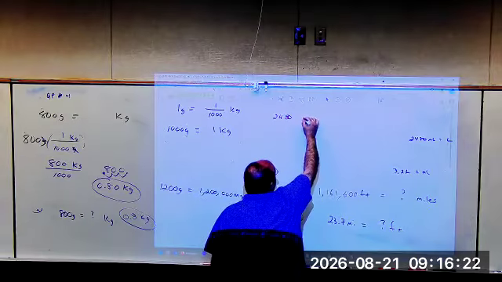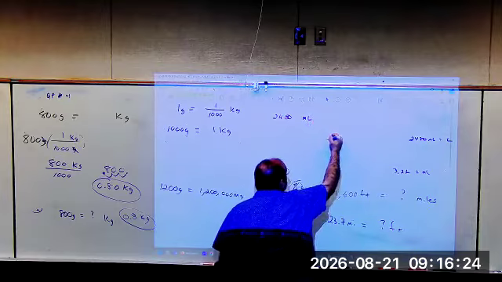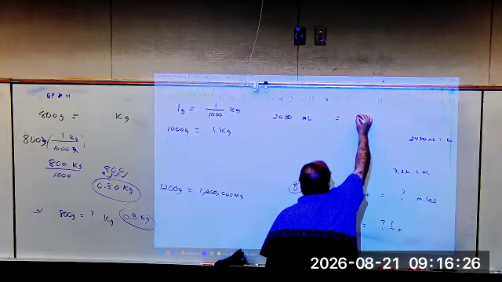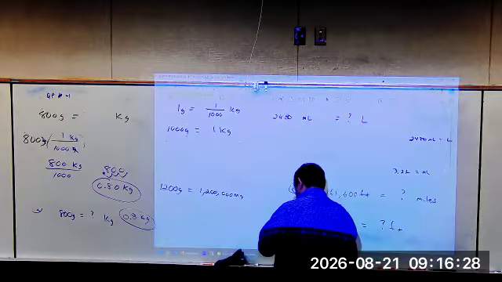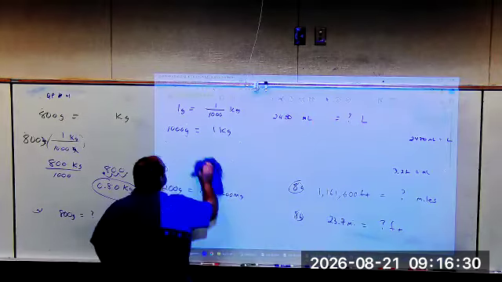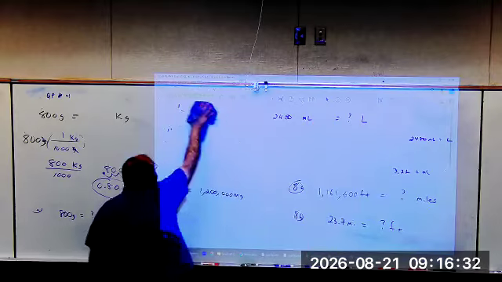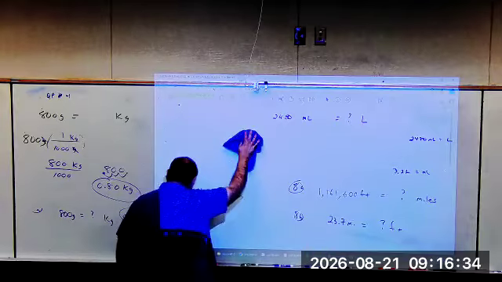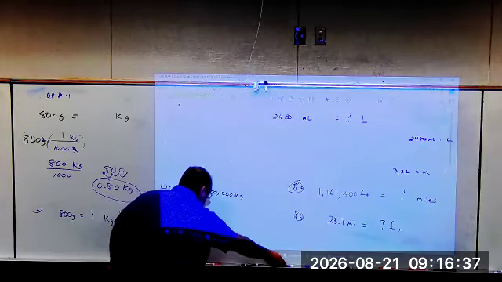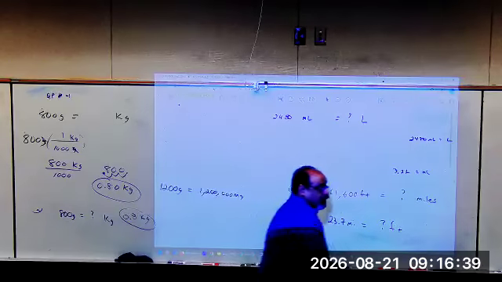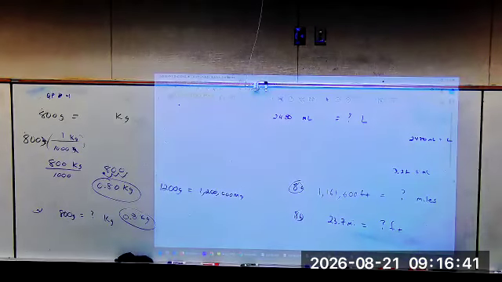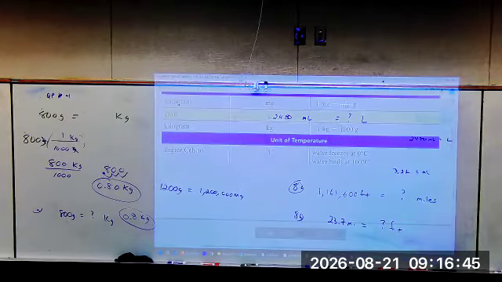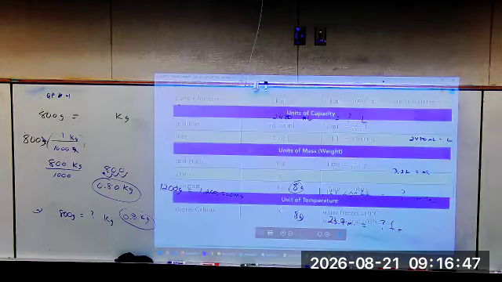2,480 milliliters is equal to how many liters? The nice thing is on the conversion chart, that's all you have. Milliliter and liter conversion.